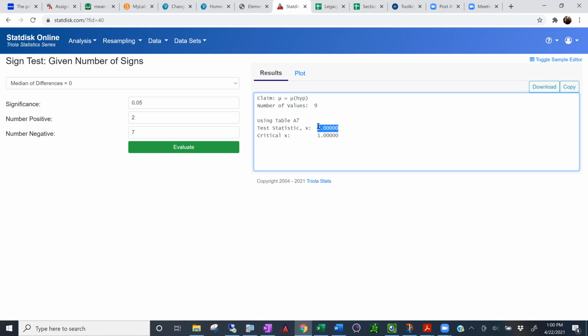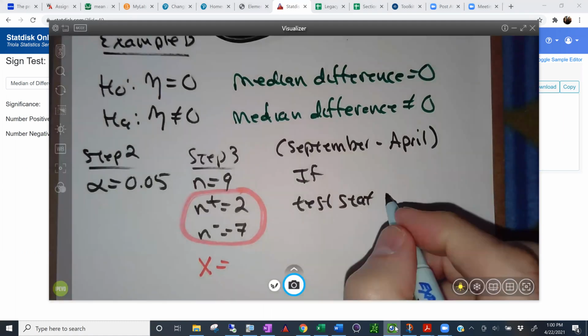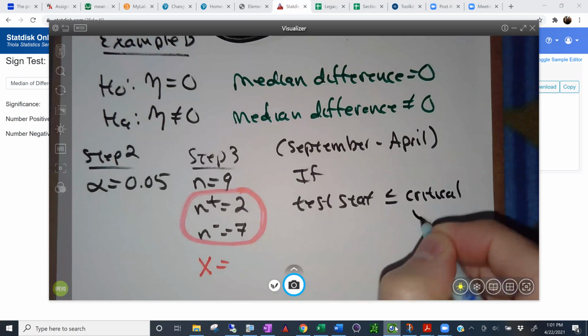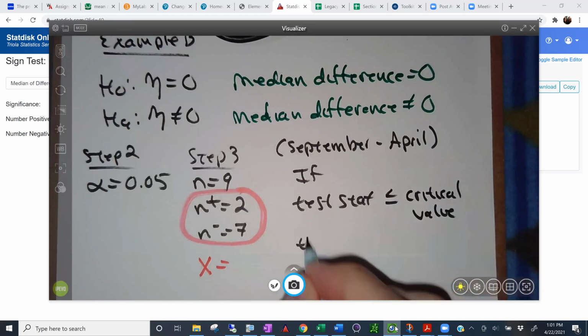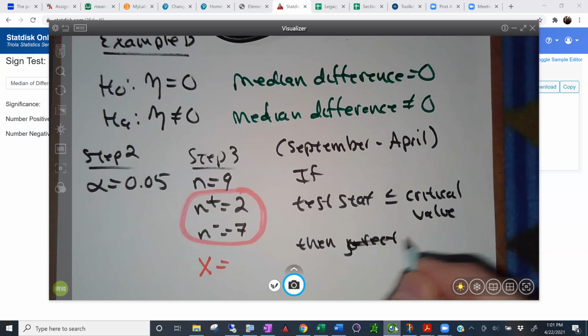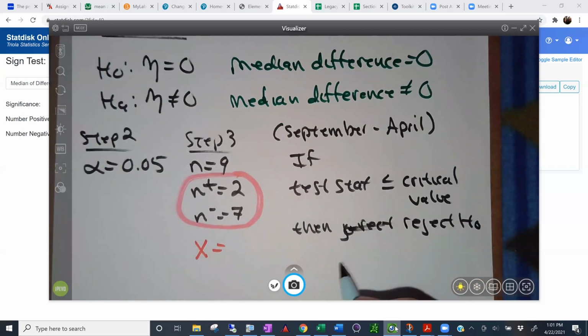So if the test statistic is less than or equal to the critical value, then reject H0. Our test statistic was 2. The critical value was 1.